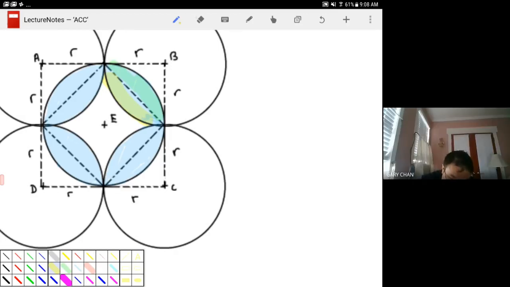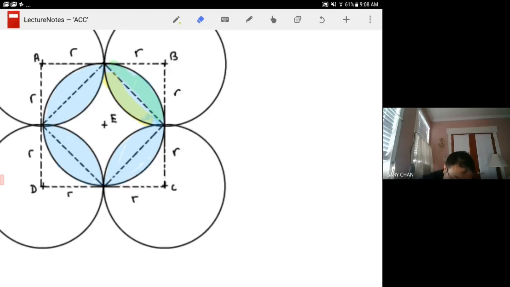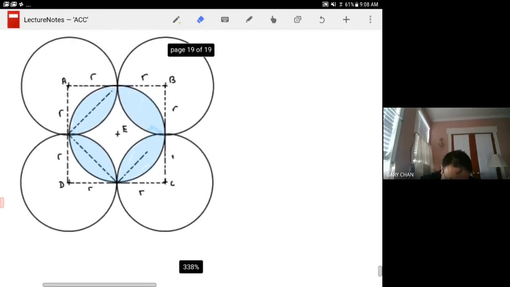So theoretically, if I can find the area of one of those or half of those shaded regions, all I've got to do then is multiply that by 8, right? Because that's how many of those half shaded regions I have. So that's my intention for the next couple minutes, and it's just as easy as that.